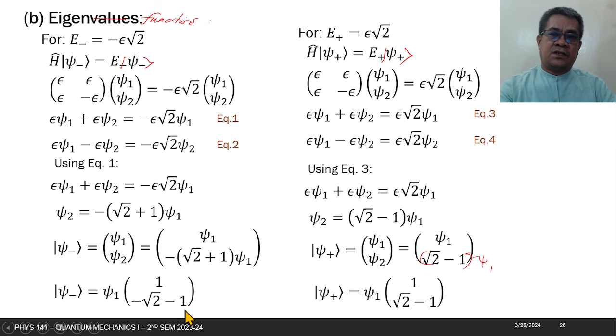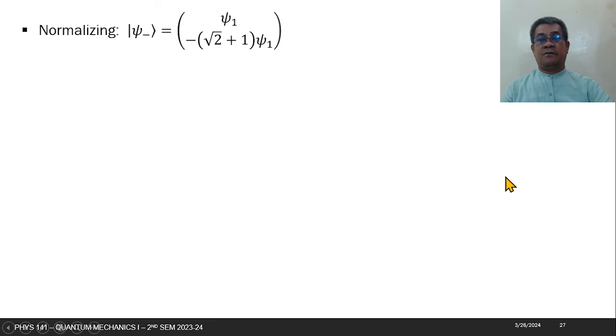eigenvectors in terms of its state 1 and state 2. So we need to normalize these two functions, and we will solve psi 1 here for the positive eigenvalue. So the next step is to normalize.